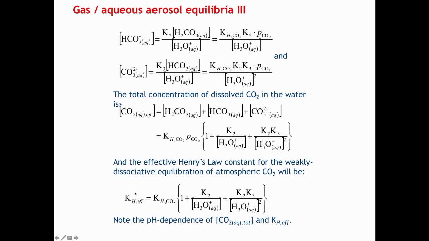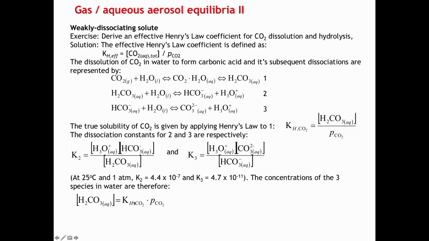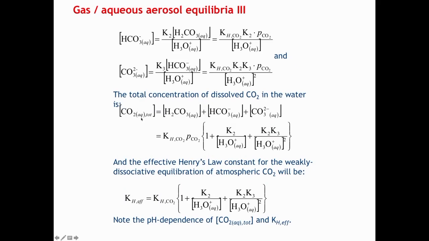The true solubility is just this divided by partial pressure, whereas really you need to take into account the other components. So it's not just this, but this component and this component as well, divided by the partial pressure to get the effective Henry's law coefficient. So that tells you that the Henry's law coefficient for carbon dioxide is dependent upon the acidity.